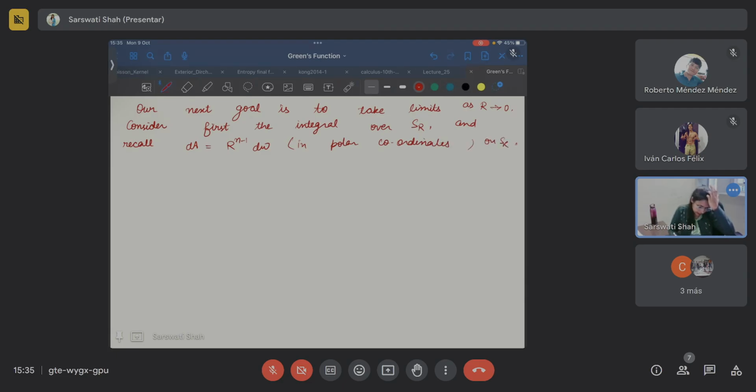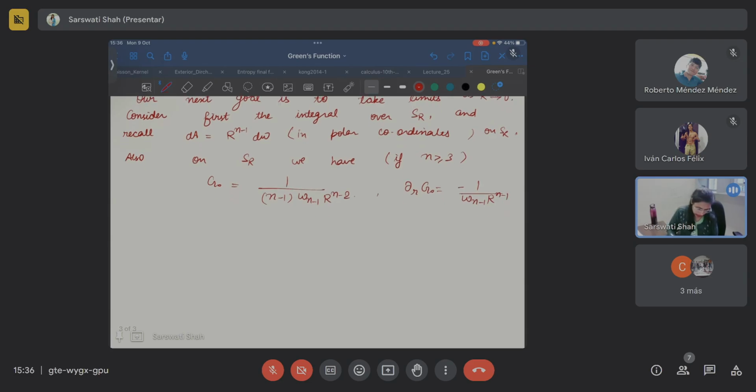On S_R, if n is greater than or equal to 3, G_0 is equal to 1 over (n minus 2) ω_{n-1} r to the power n minus 2, and ∂_r G_0 is equal to minus 1 over ω_{n-1} r^{n-1}.